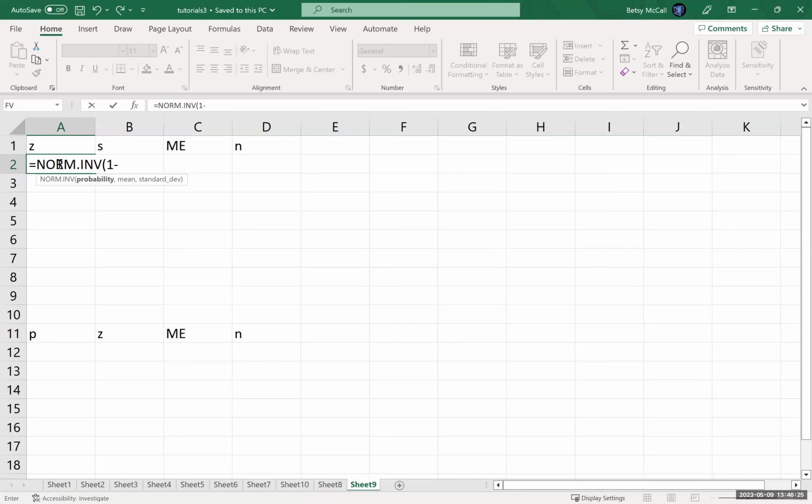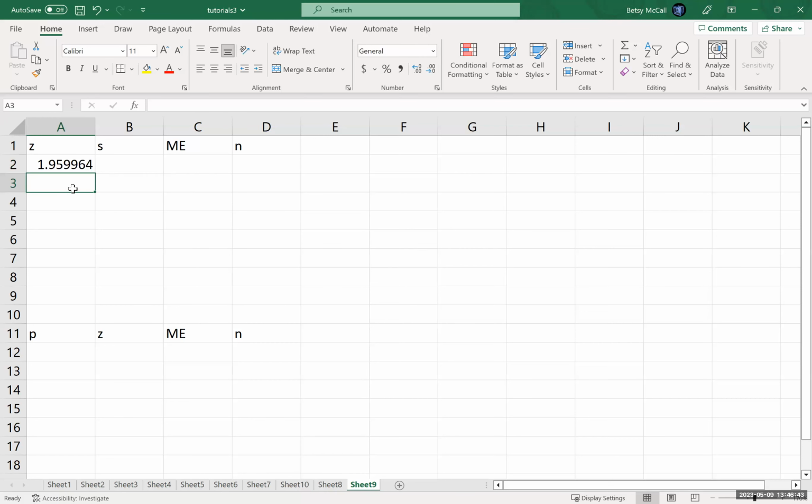That's your alpha. 0.05 divided by 2, so 2.5% in each tail. You can let Excel do this math for you. The mean, again, this is a standard score, so we put in 0 and 1. That's our 1.96.